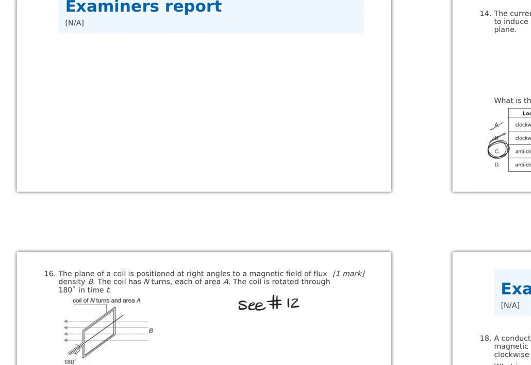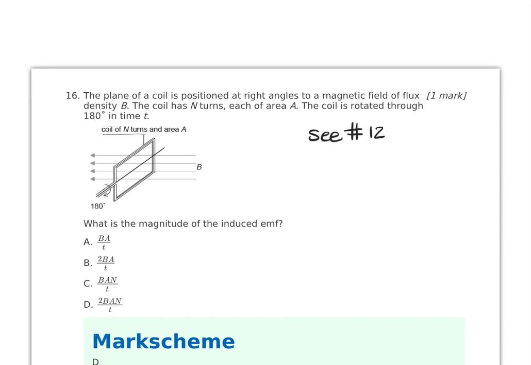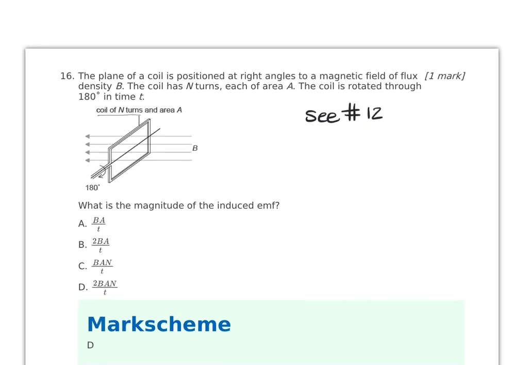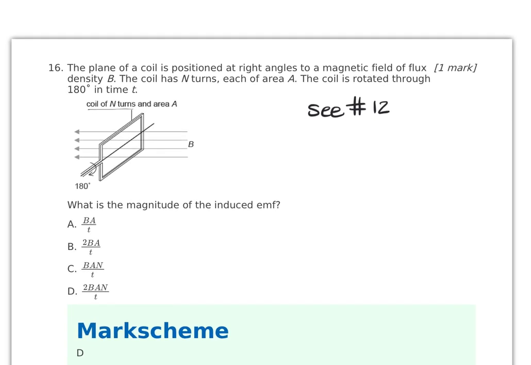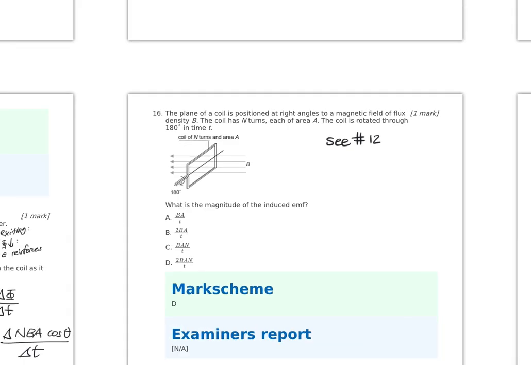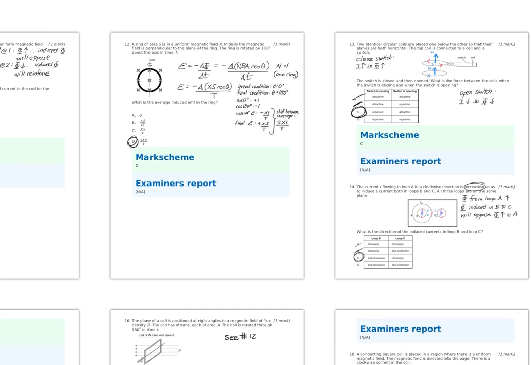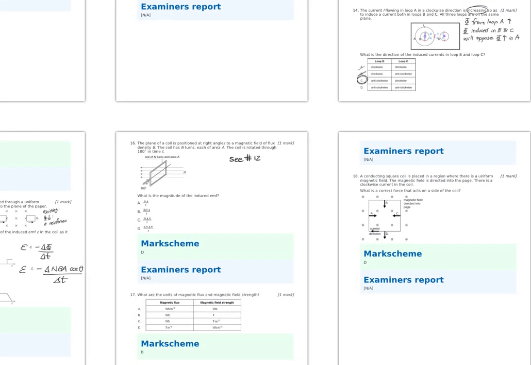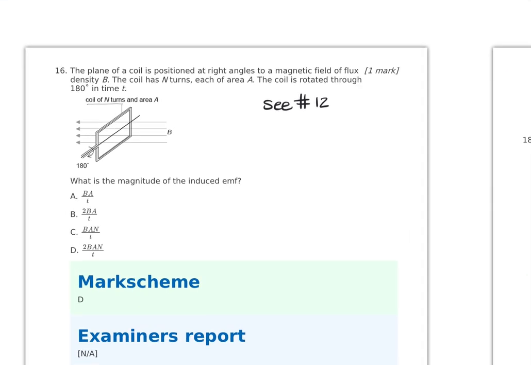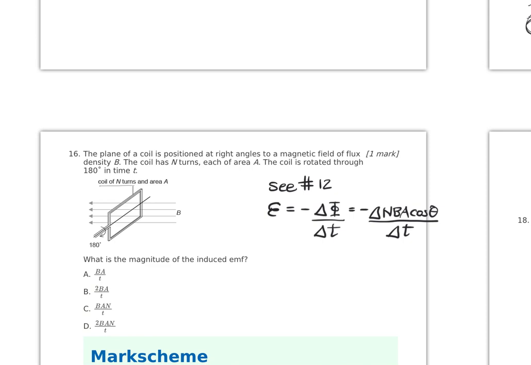It's the same exact principle in number 16, except instead of X and S, they actually use B and A, as well they should. So let me actually rewrite. We have EMF. And then for some reason, instead of doing NBA, they're doing BAN.